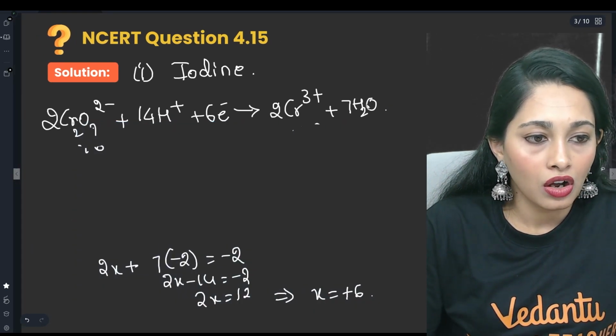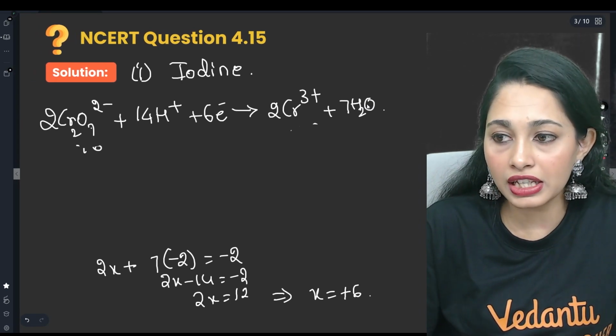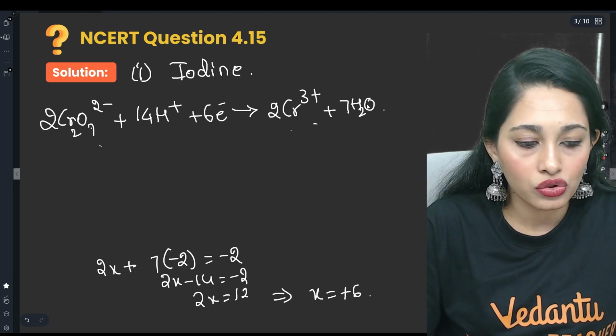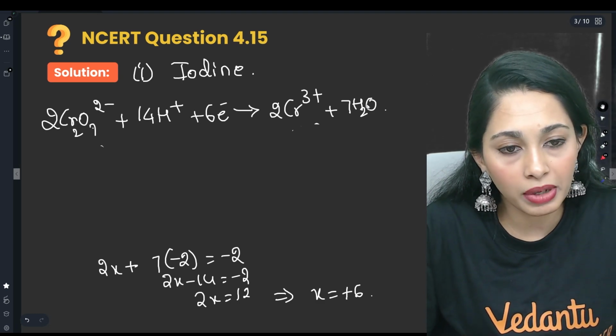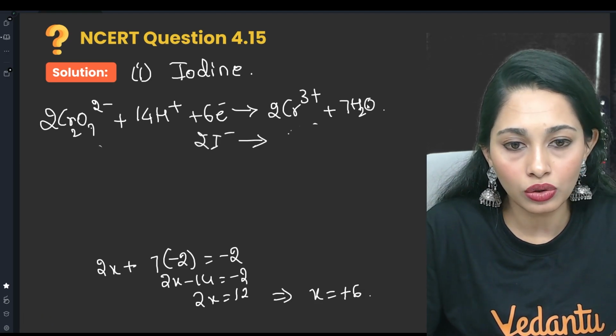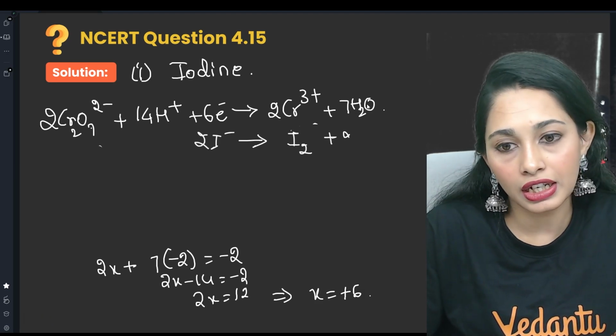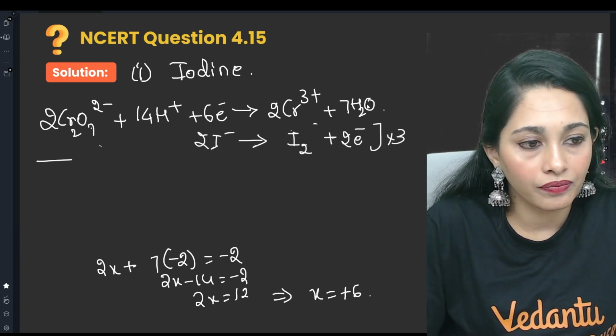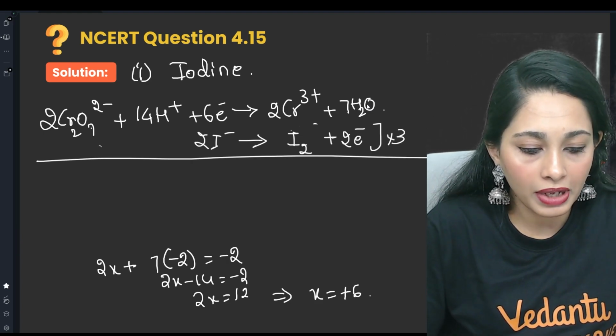All right. So next equation. 2I minus gives I2, it is getting oxidized. So what will be happening here?